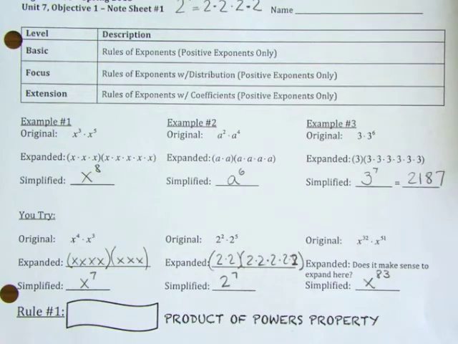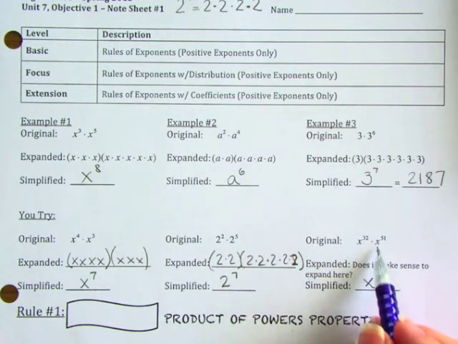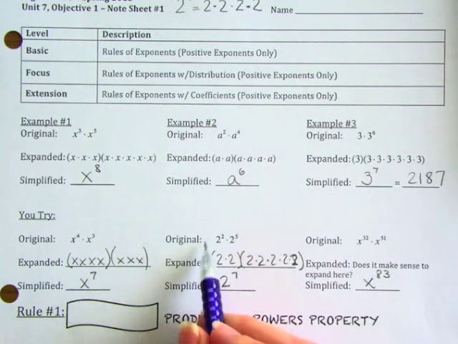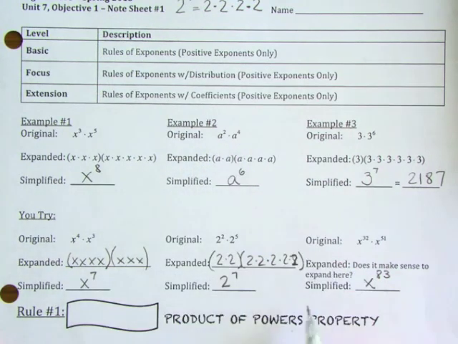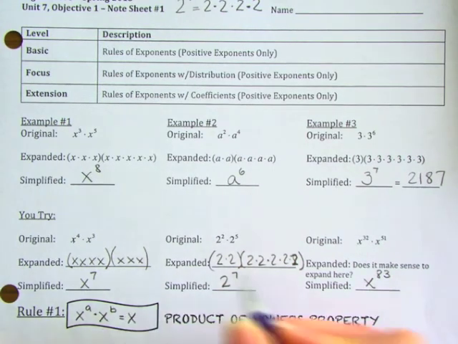So that gives us our first rule, that basic idea that when you are multiplying two powers that have the same base, a base of x, or a base of 2, or up here, a base of a, we simply need to add the exponents. So if I have x to the a multiplied with x to the b, the general rule is to take those two exponents and add them together to get the exponent on my final answer.